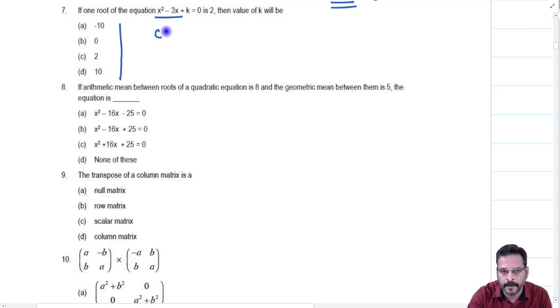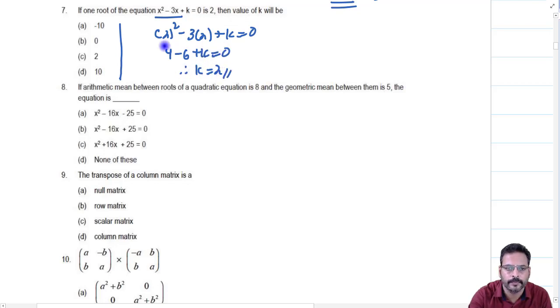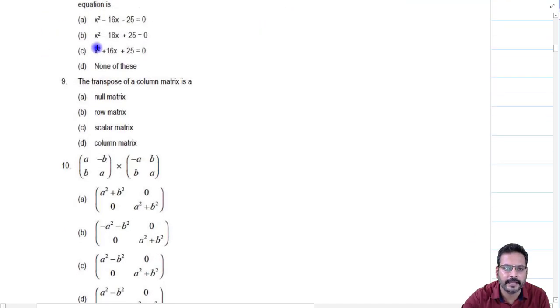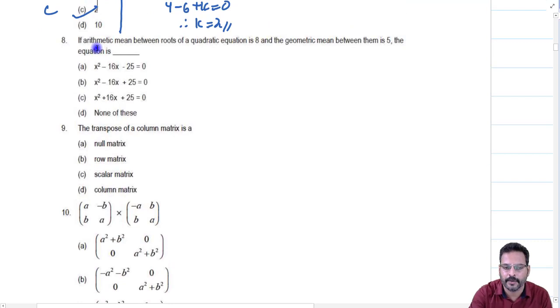Therefore, 2 square minus 3 into 2 plus k equal to 0. 4 minus 6 plus k equal to 0. Therefore, k is equal to 2. Answer C.